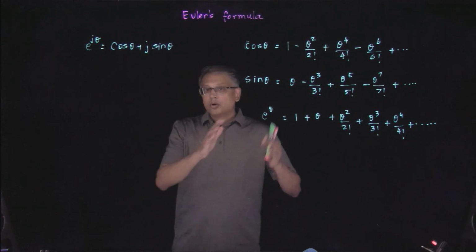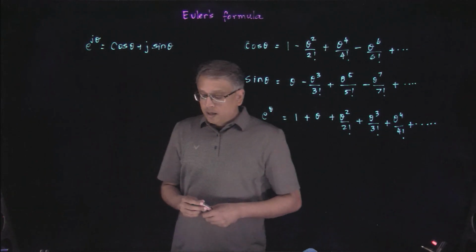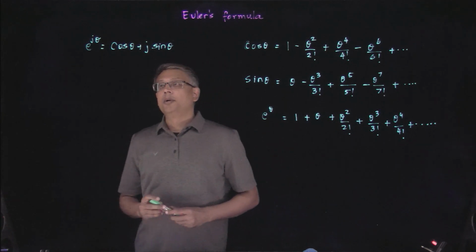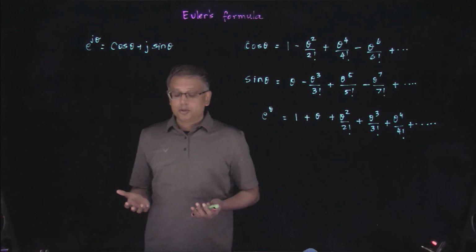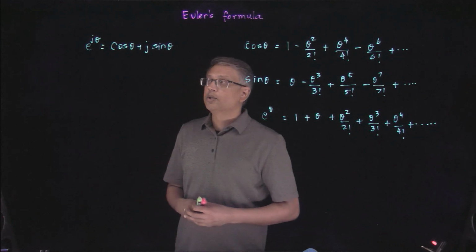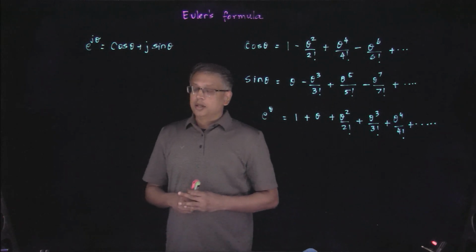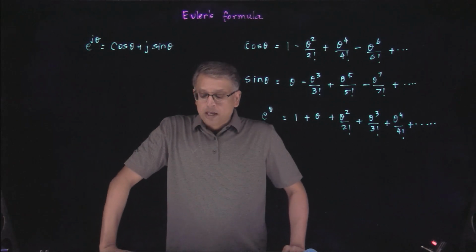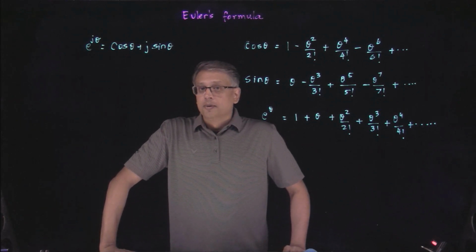Now, I'm going to go ahead and prove this, but before I do the proof, I want to talk a little bit about how you are likely to use this formula in the course. If you look at this quantity, e to the j times theta, that's a very confusing quantity, right?